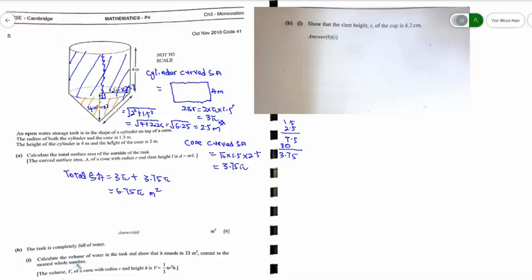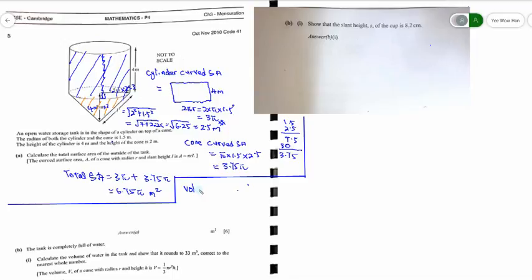Now to calculate the volume of the tank, it's basically still the same. Let's separate them so that you don't get mixed up. Let's talk about the volume of the cylinder first.